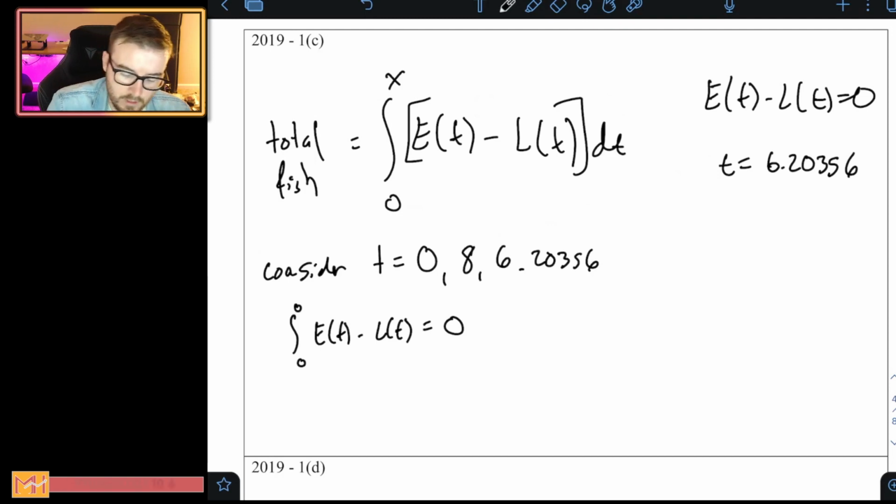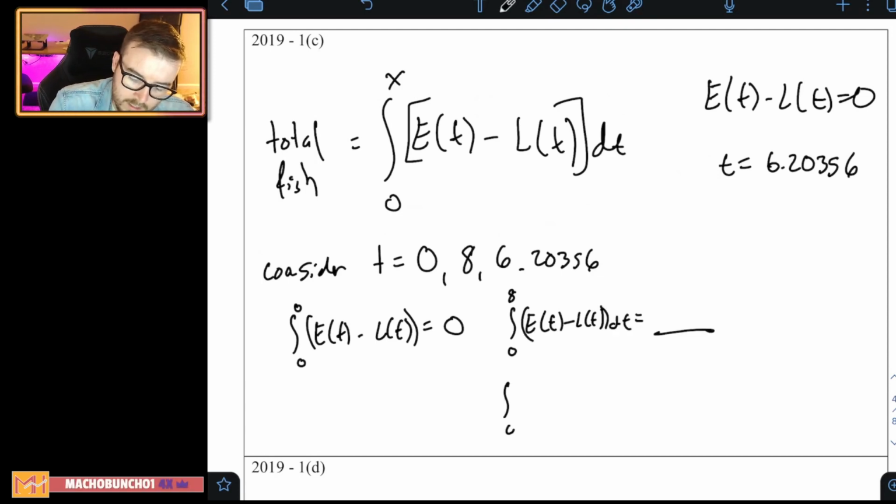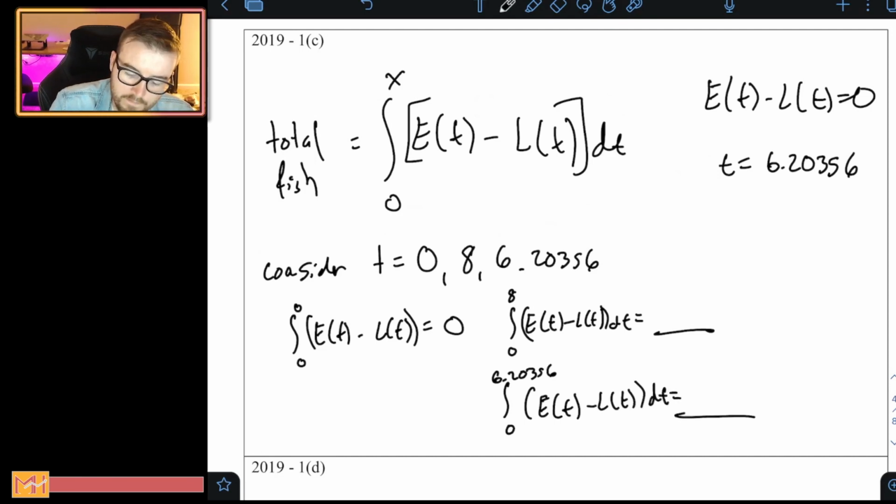We know that much because the bounds are the same. We need to find the other two to figure out which one is the absolute maximum. Is it the end of the interval, or is it the critical point that we just found?